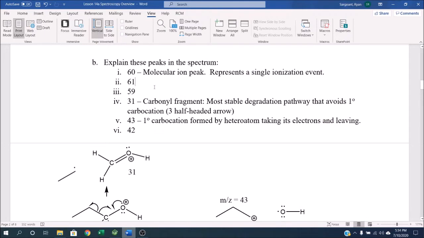So this right here is the isotope peak with a C13 or a deuterium, H2. At 59, this is a carbonyl fragment where the carbon breaks the carbon-hydrogen bond instead of the carbon-carbon bond.